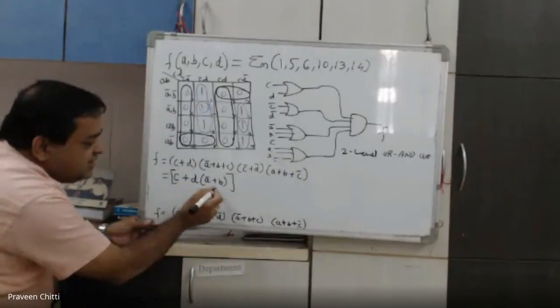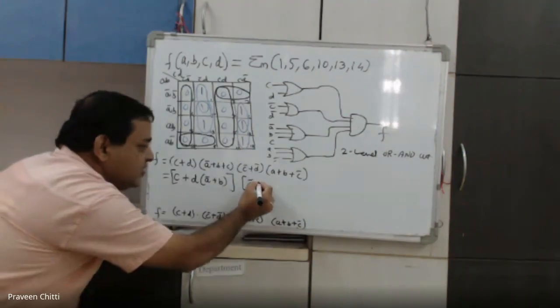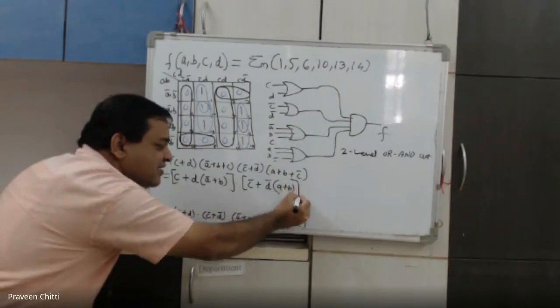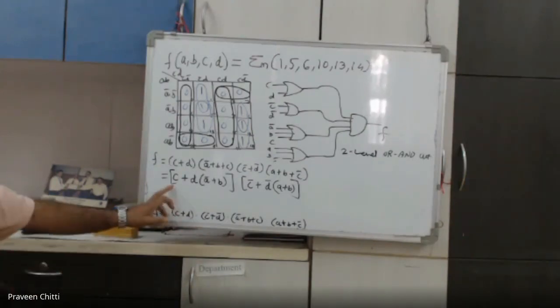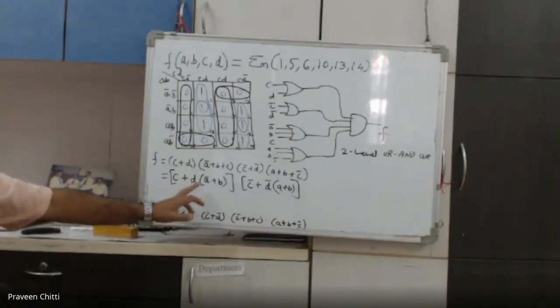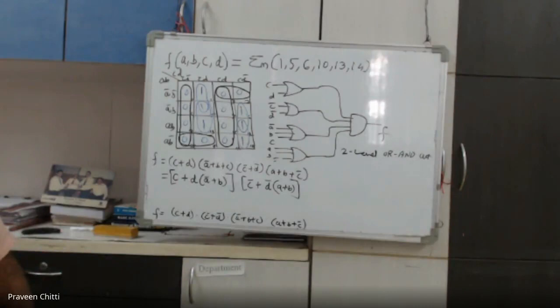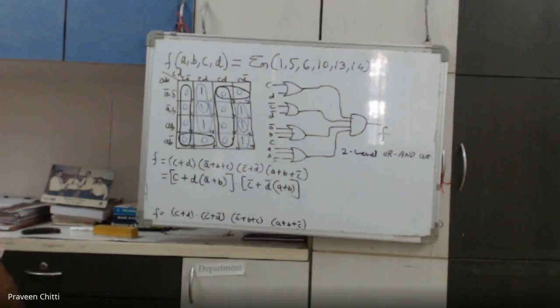This into C bar plus D bar into A plus B. I don't know how many of you understood how the simplification has to be done here. If you simplify this again, you should get this. C is as it is, then A bar D plus BD you will get. Whereas when you simplify C plus D into C plus A bar plus B plus C, what are you going to get?